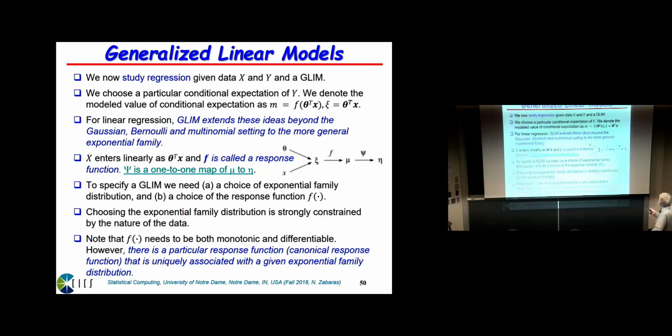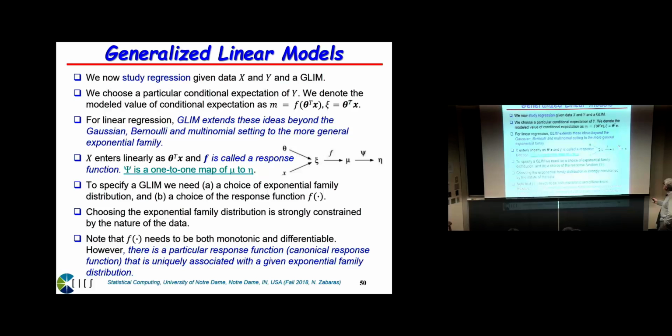So schematically, if you give me x and I know theta, I define xi, that is theta transpose x, and then the mean, this is mu, the mean is f of xi. Now, remember, if I make this distribution to be part of the exponential family, there is a one-to-one mapping between the mean, mu, and the natural parameter theta.